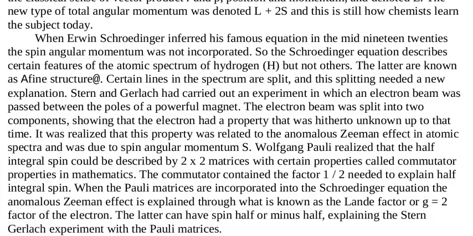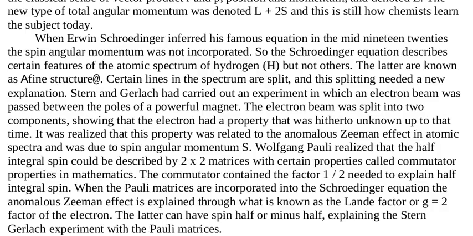Wolfgang Pauli realized that the half-integral spin could be described by 2x2 matrices with certain properties called commutator properties in mathematics. The commutator contained the factor half needed to explain half-integral spin.